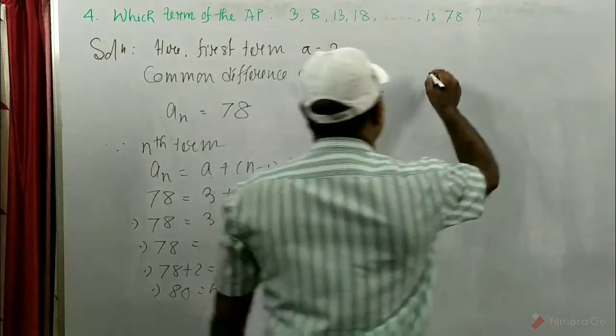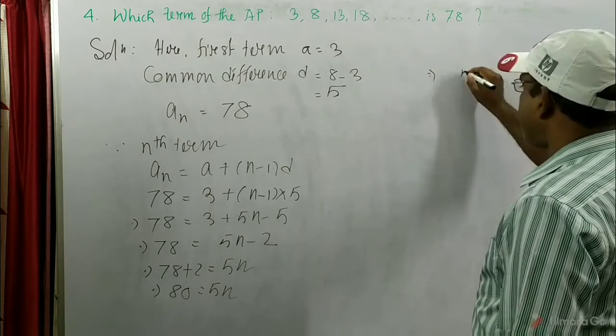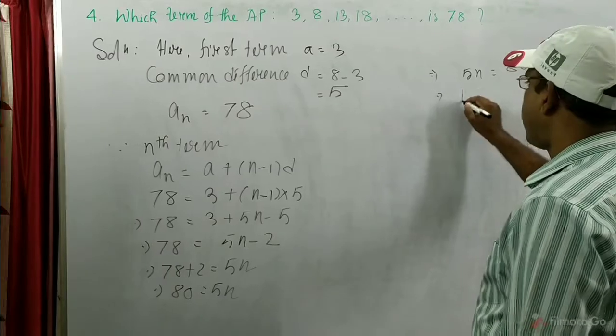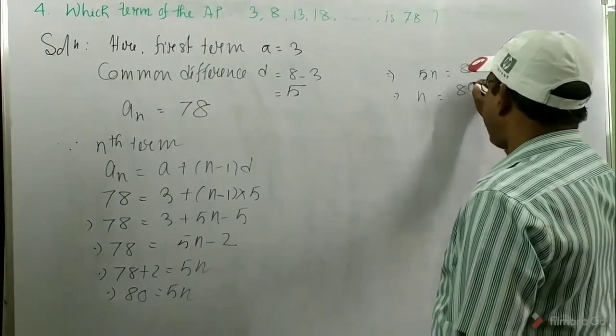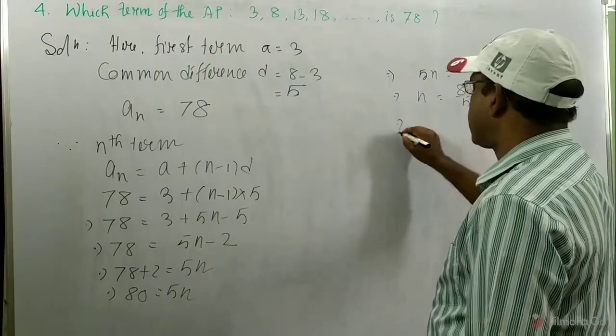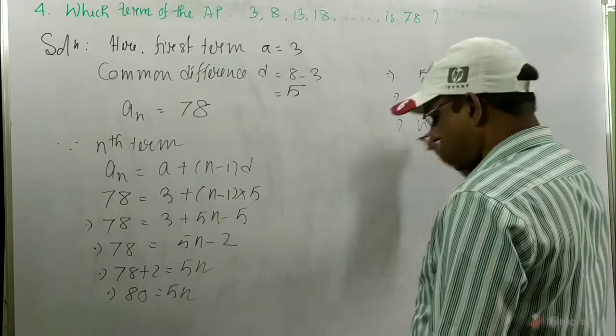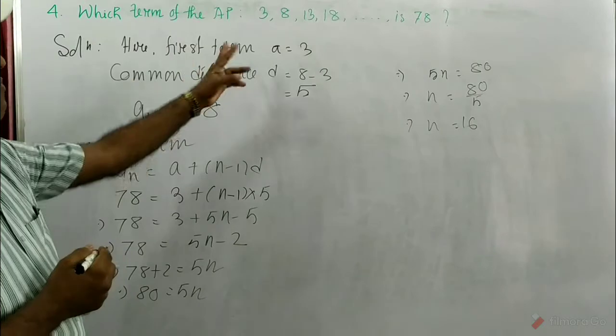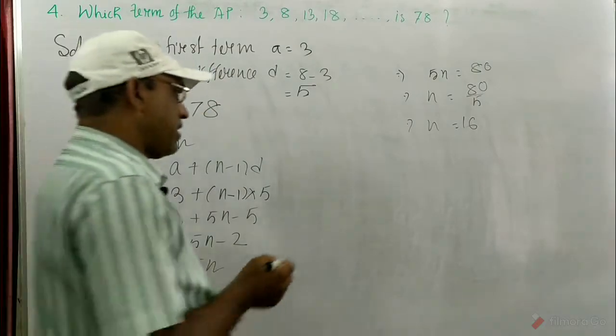So 5n equals 80, and we divide 80 by 5, we get 16. n equals 16. So the 16th term is 78.